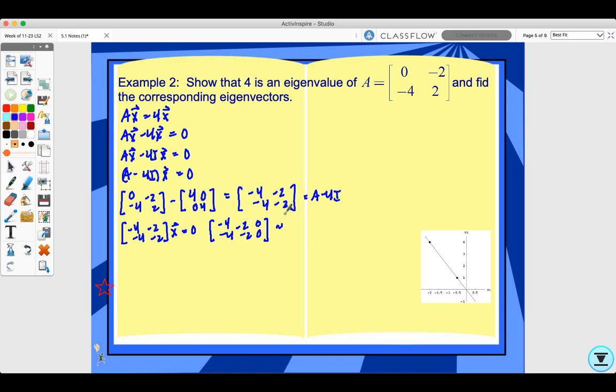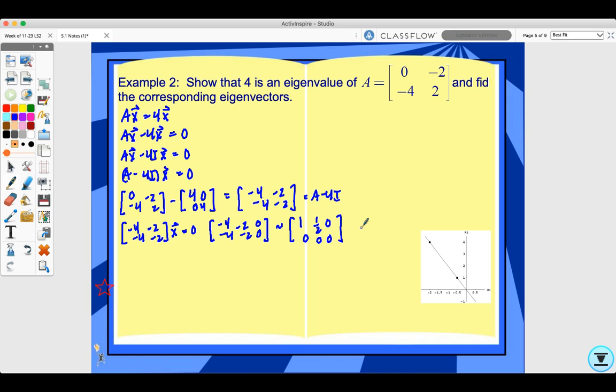What I can do is take negative row 1 and add it to row 2 to get all zeros in row 2, and negative 1/4 times row 1 to solve it. So I'd have 1, 1/2, 0, and 0, 0, 0.